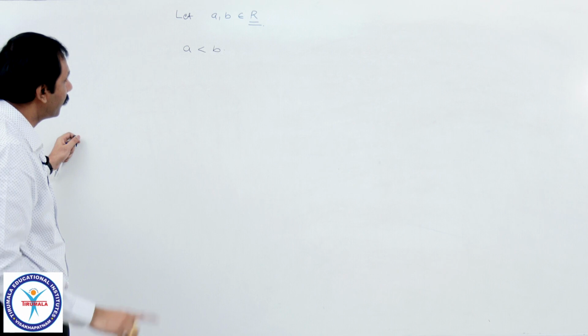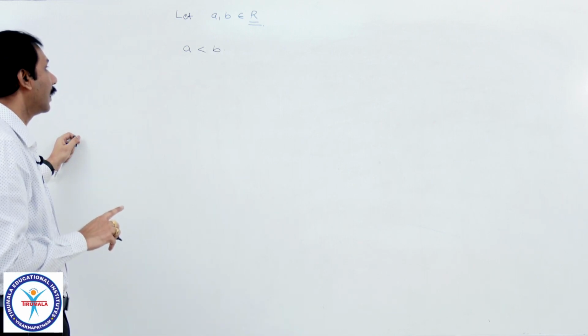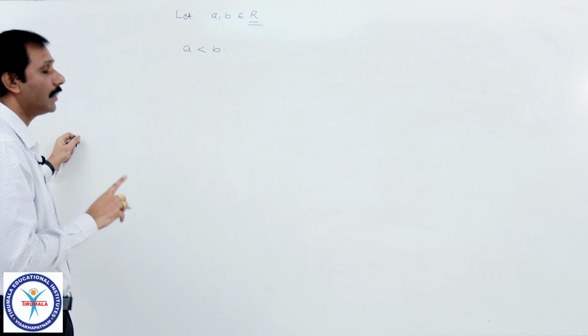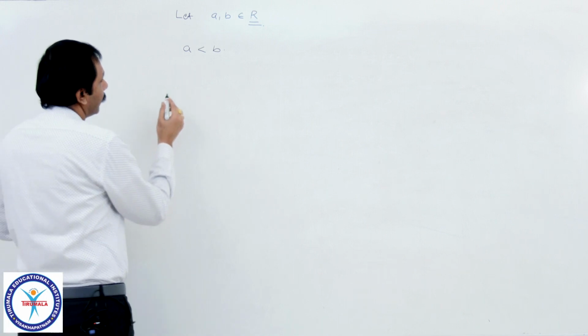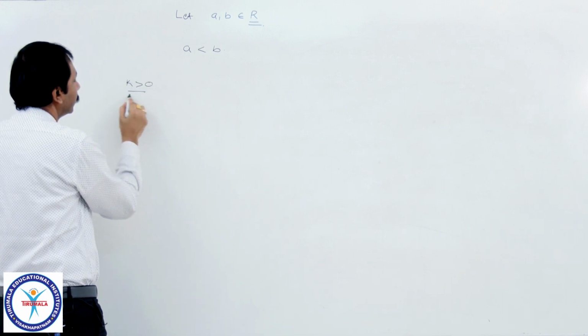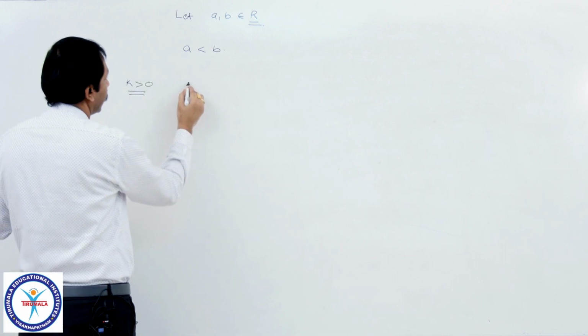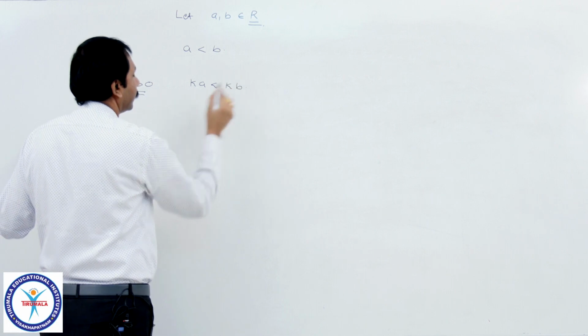If I want to multiply this with a non-zero real number or divide it with a non-zero real number, what will happen? You see, suppose I take k greater than 0, if I multiply with k, I will get ka less than kb.